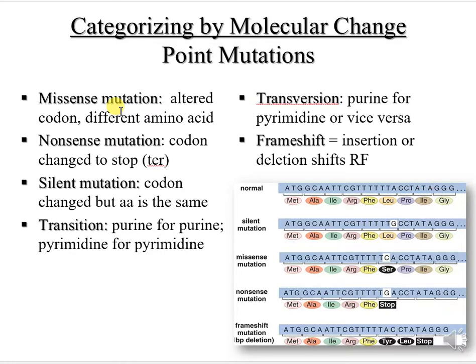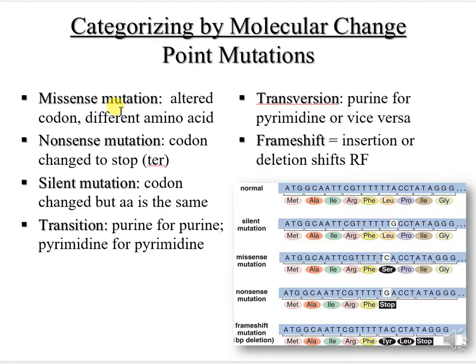An example, right? Sickle cell anemia, that's a big one. We were talking about that with protein translation. When you affect the actual sequence of amino acids, that can have profound effects on the structure of the protein, and therefore the phenotypic effects are profound. Sickle cell anemia is a great example of point mutation.